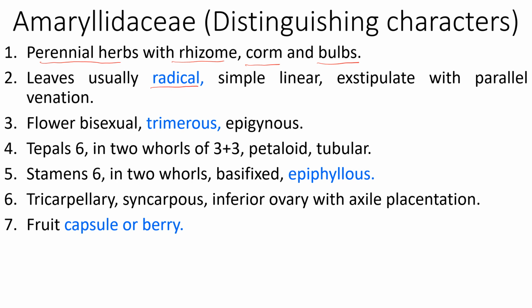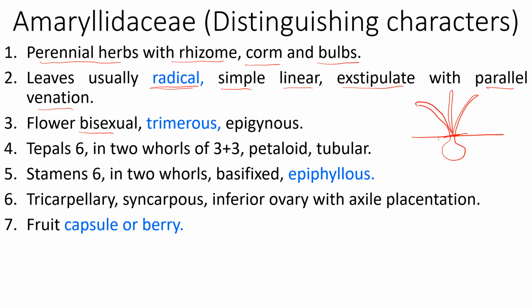Radical bearing of leaf means that there is a ground level and an underground part bearing leaves, and these leaves come above the ground. This kind of leaf bearing is called radical, which we see in onion, garlic, or all the lilies. Leaves are simple, linear, exstipulate with parallel venation.